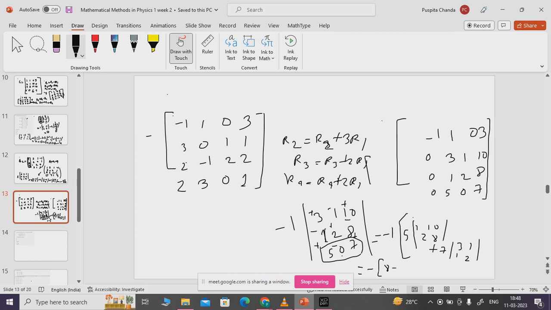minus 1, 8 minus 20 plus 7 into 6 minus 2, 4, and that will become minus 12 plus, it will be 6 minus 4, 28. So minus 6 plus 8 minus 2, 12.